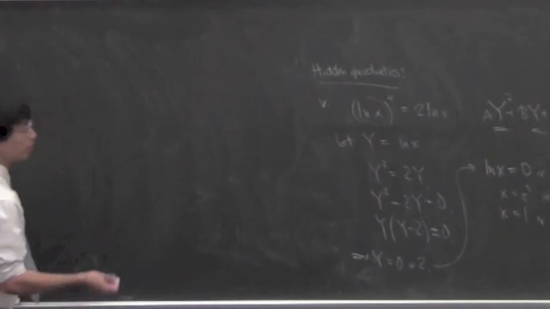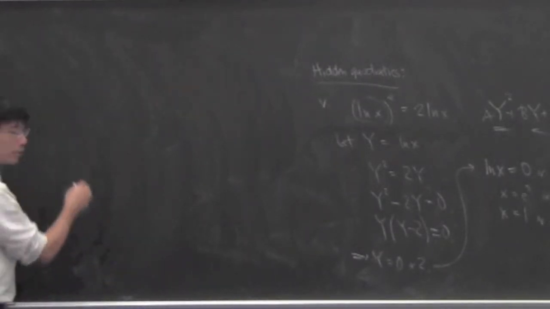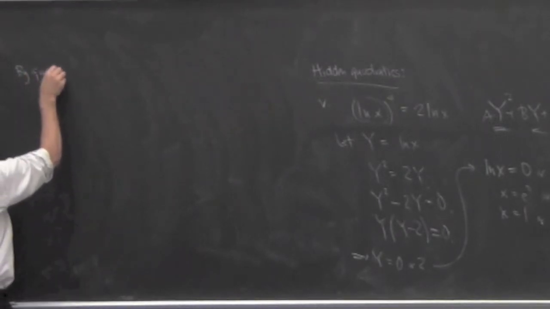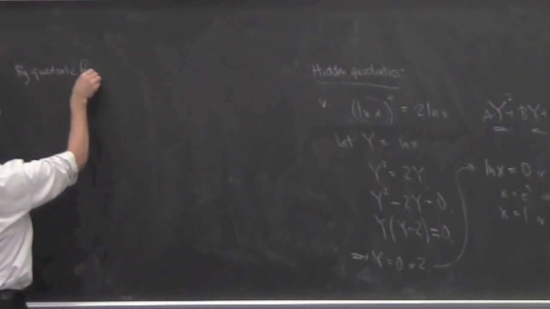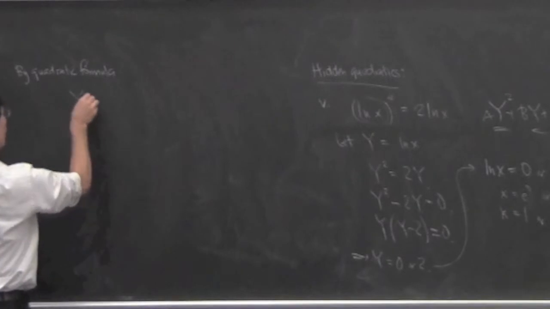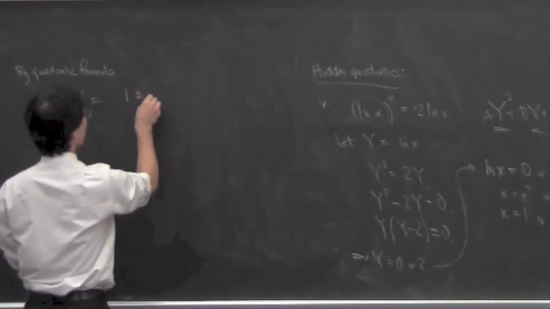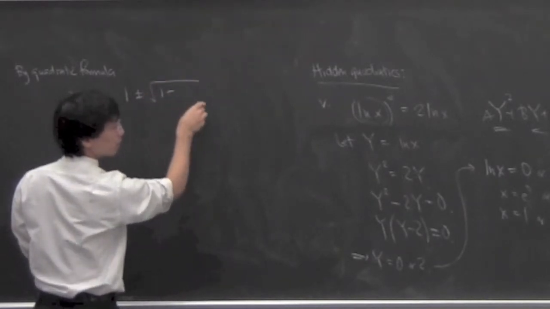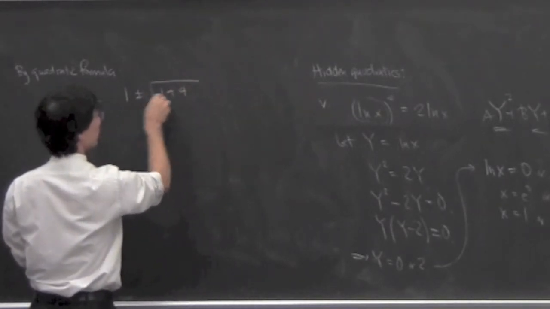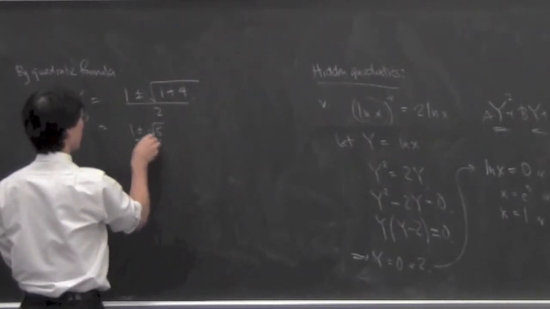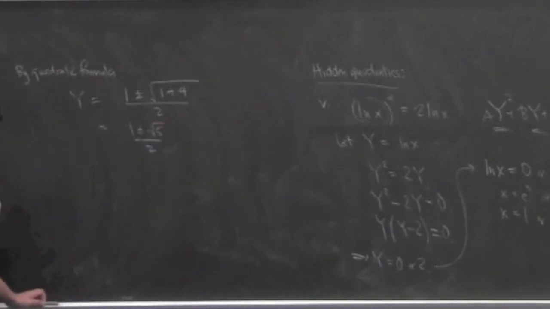Then you solve that using the quadratic formula. You know that y is going to be negative b plus or minus the square root of b squared minus 4ac over 2a. That's 1 plus or minus root 5 over 2.